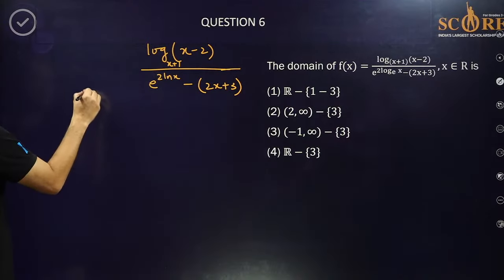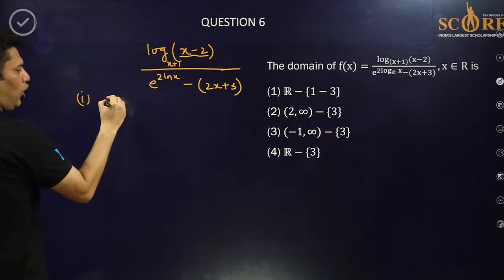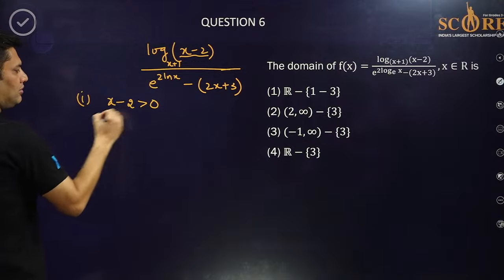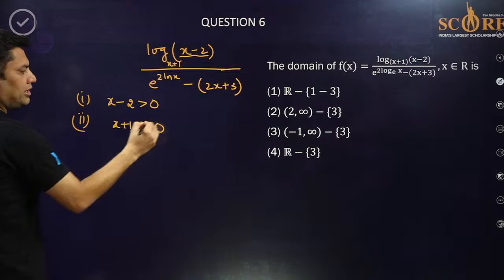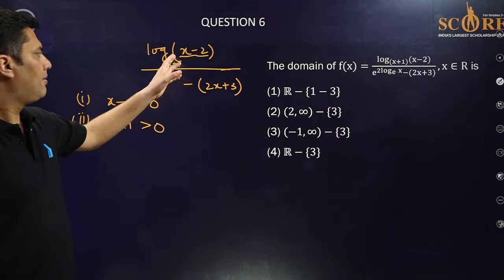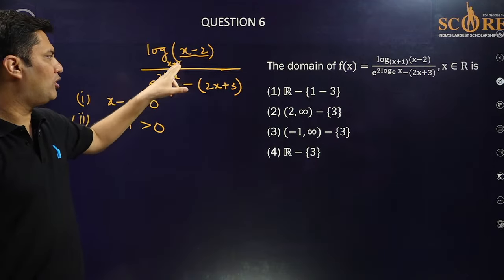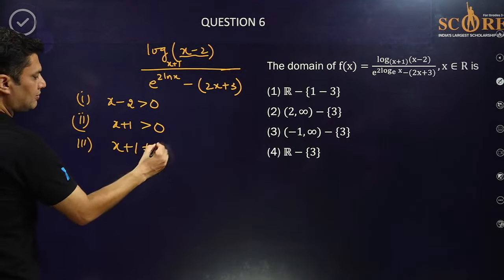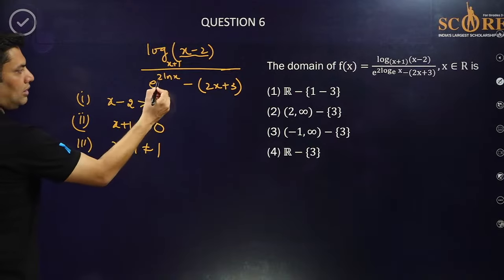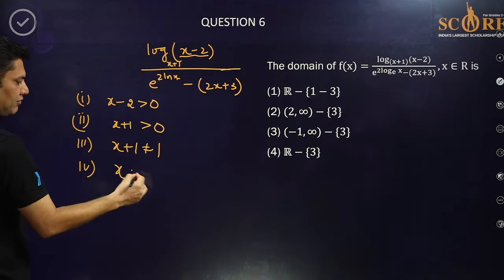The first restriction is that log has to be positive. Second is obviously base is also log, that is also positive. Log A base B, A has to be positive, B has to be positive. Third, base cannot be equal to 1. Fourth, 2 log x, so the x has to be positive.